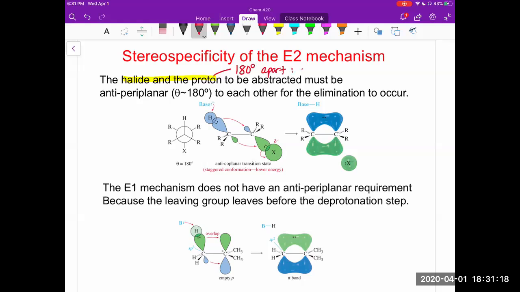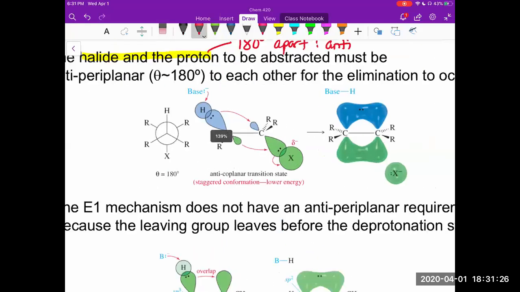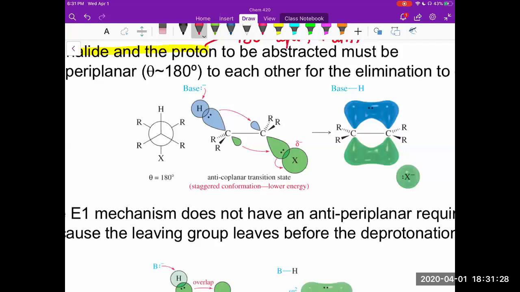In other words, anti. They have to be anti to each other. And this is shown in a Newman projection so that you can see it clearly, and then we'll show you with some orbitals. So here's the Newman. Your molecule has to rotate so that the hydrogen and the halogen that's leaving are anti to one another.